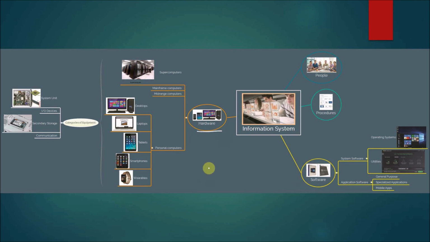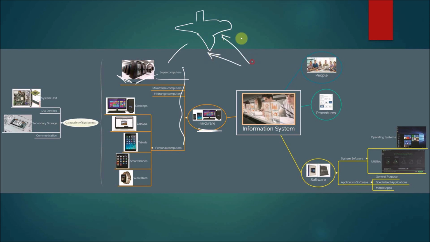Another portion of information systems would be hardware. As you can see here, the different categories of PCs or hardware. The very first would be your supercomputer. Here's your individual here. As you can see, the size of how many boxes and how much room it can take up. Now, supercomputers a lot of times can be used to, let's say if this was Texas, determine the path of a hurricane.